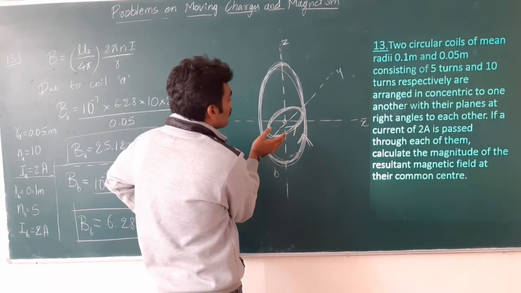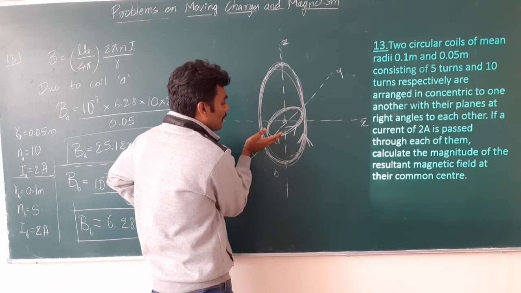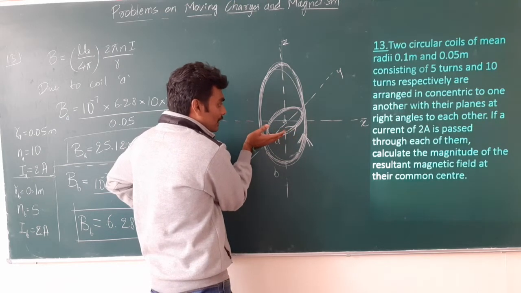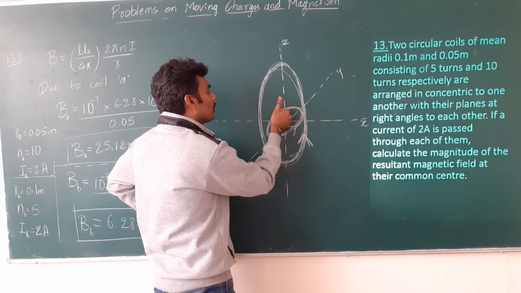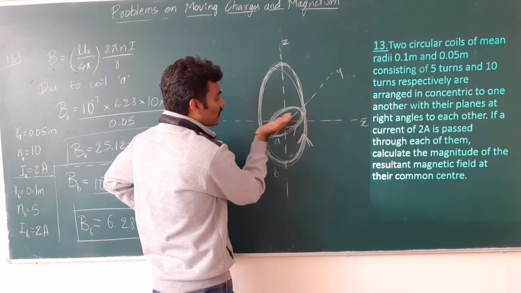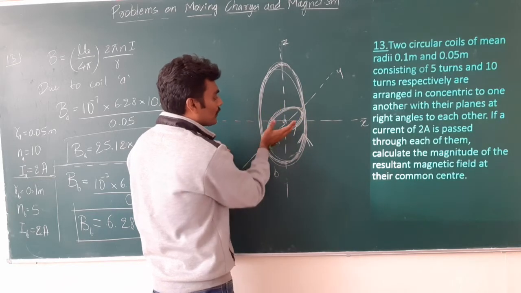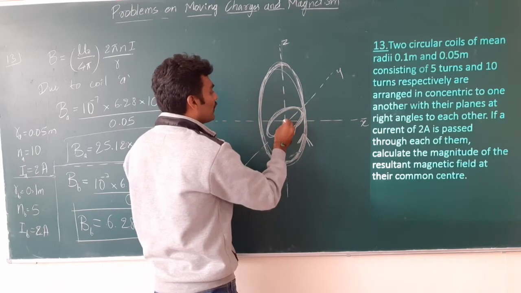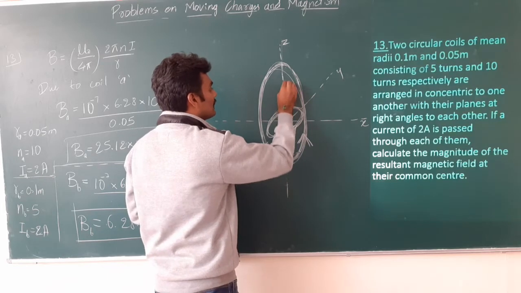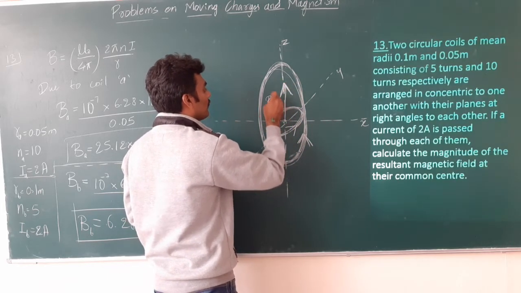Sorry. So right hand thumb rule will give you the direction of magnetic field due to each coil. For coil A, the direction of magnetic field would be like this, right? At the center, since the coil is in XY plane, normal to the XY plane is Z. So this is the direction of magnetic field due to coil A, which is BA.